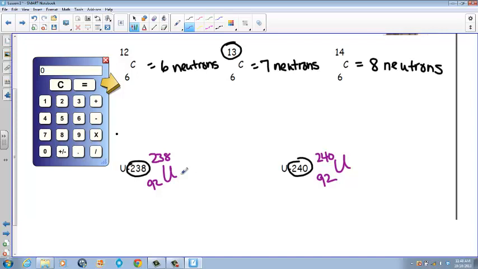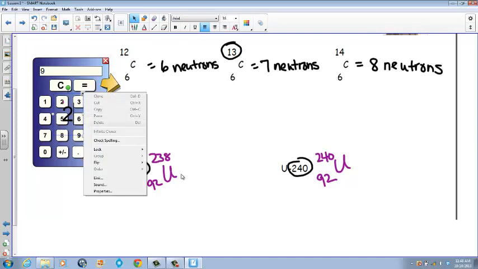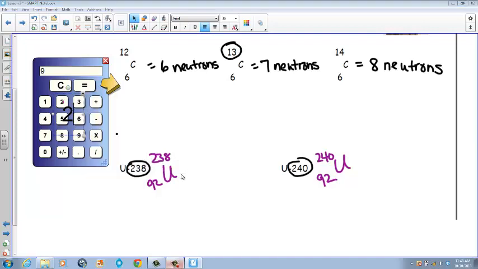So in order to figure out number of neutrons, we subtract number of protons from the mass number. Okay, so we're going to do 238 minus 92, and we're going to say equals 146.